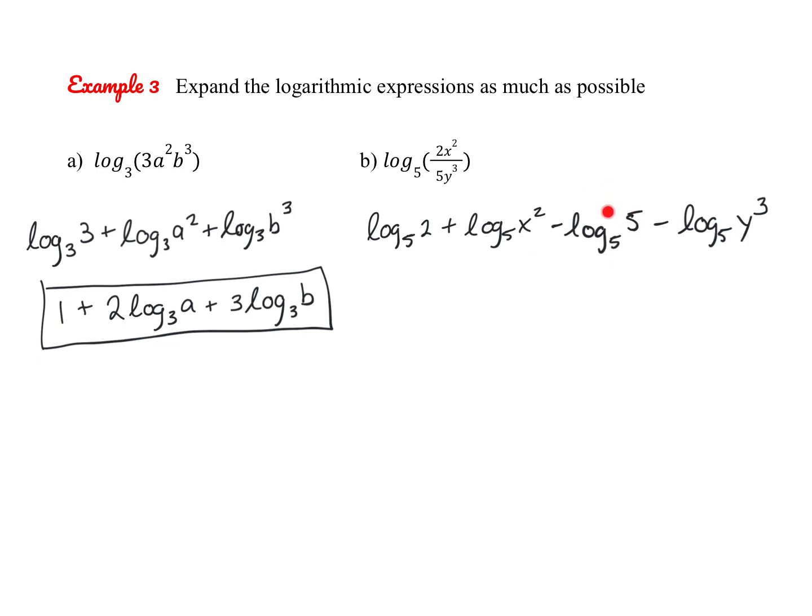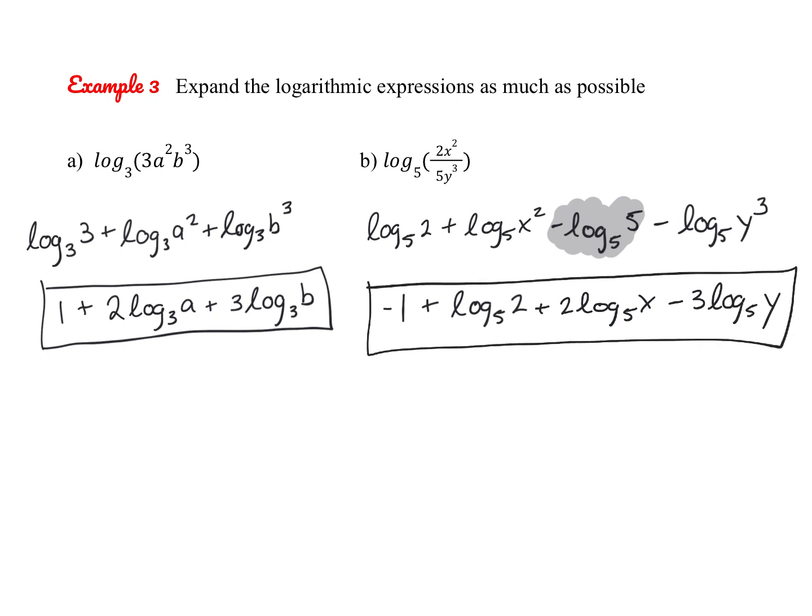This will, of course, just be equal to 1 or negative 1. So we can put that out front, and we can just evaluate this. And then we have plus log base 5 of 2. Here we could use our power property, plus 2 log base 5 of x minus 3 log base 5 of y. And here it is fully expanded.